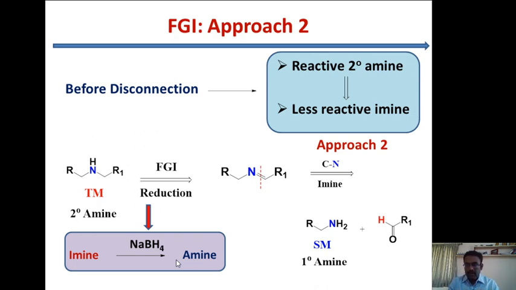Another problem where you can use functional group interconversion is where you face a chemoselectivity problem. That means the target molecule you are going to synthesize, or what you are given for the analysis, if you find that it is more reactive than the starting compound, then you cannot get the target molecule when you do the forward synthesis, because it is more reactive.